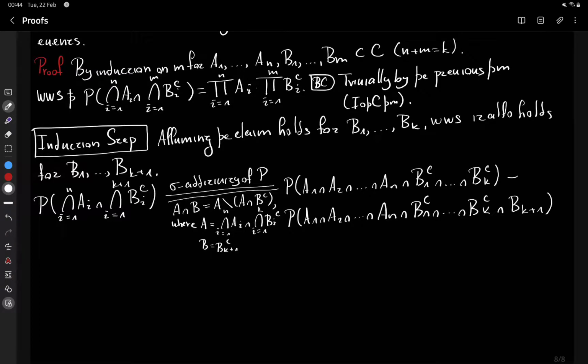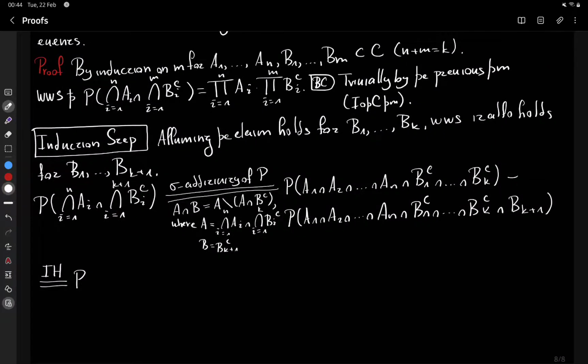Alright, this is interesting, because using the induction hypothesis, the first one we can simply write out. That's the case for m equal to k.